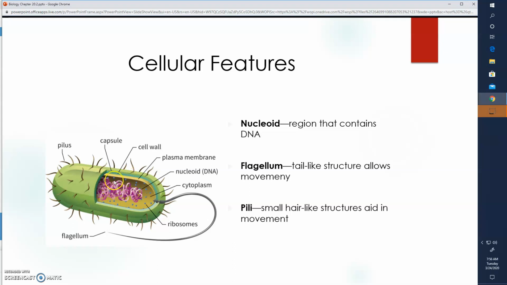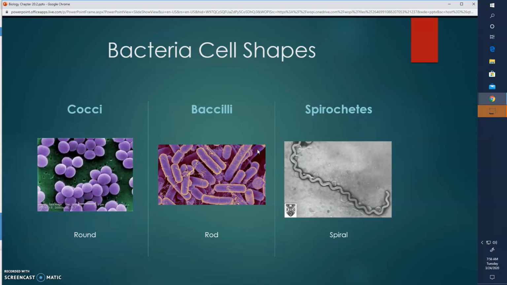They're not using any of these organelles, the mitochondria, endoplasmic reticulum. They can do everything they need just within this cell. So even though they're basic, they can do pretty much anything that we can, just not quite as efficiently and not as well, I suppose.